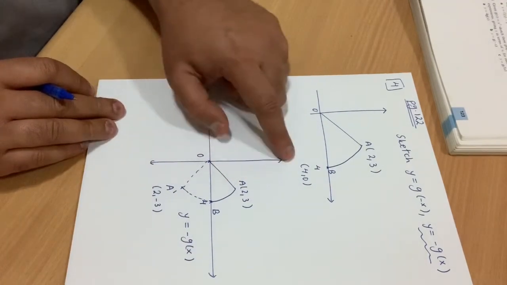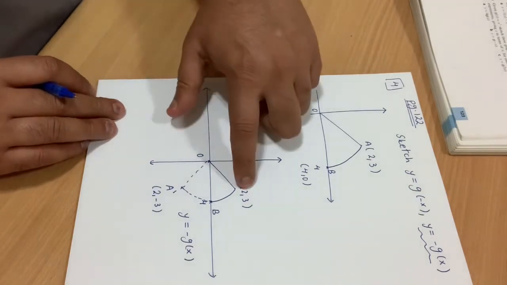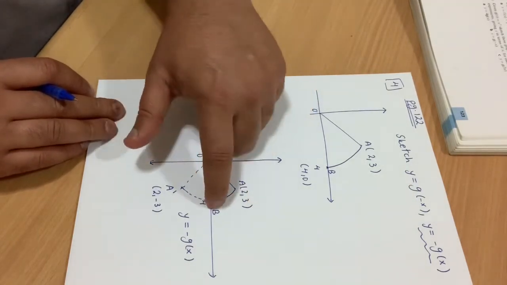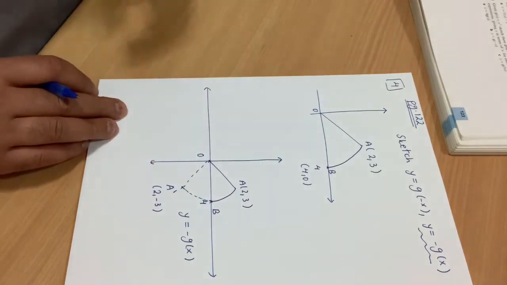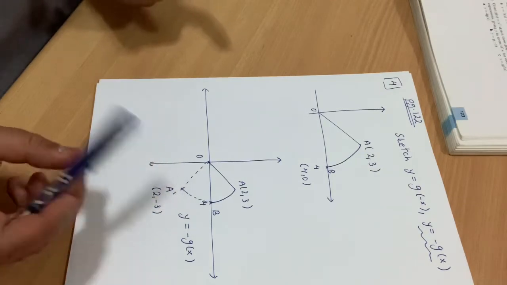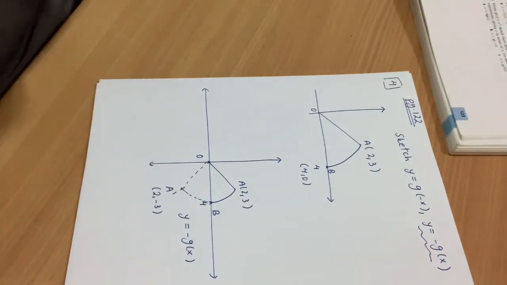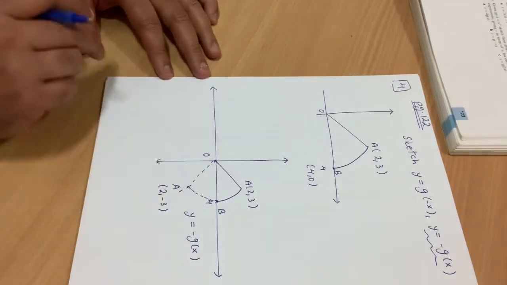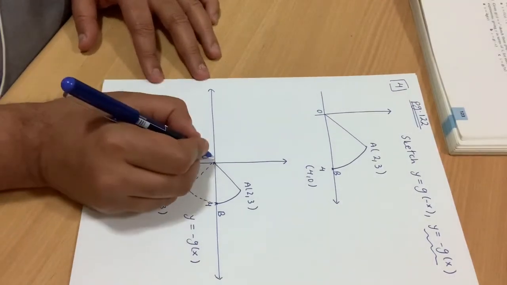If you reflect this curve about the y-axis, now you change the sign of the x coordinate. The y stays the same. Point B doesn't change because if you change the sign of 0, it gives you the same thing, 0. Okay, this is for negative g of x. Now, the origin point stays the same.